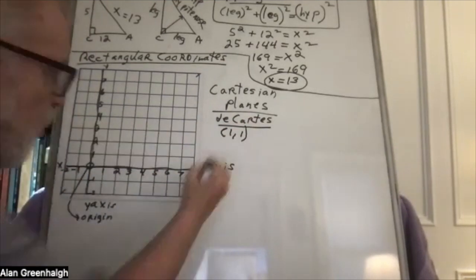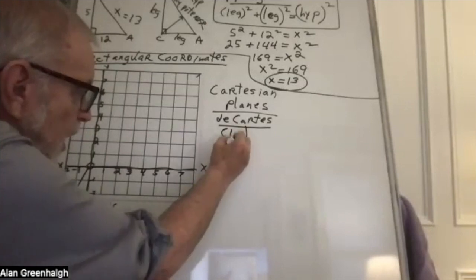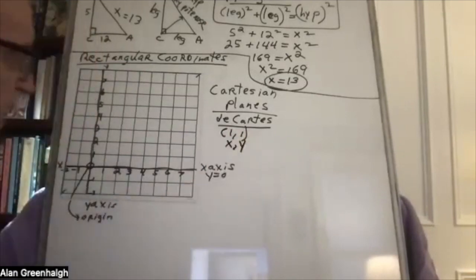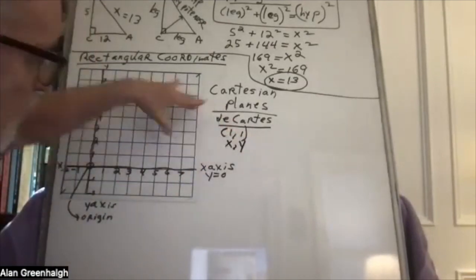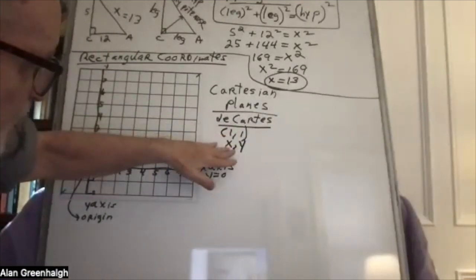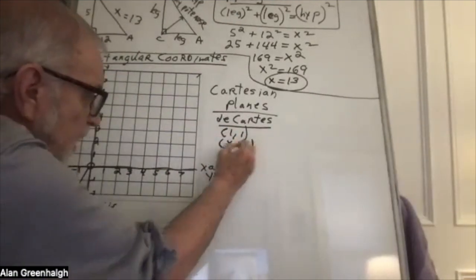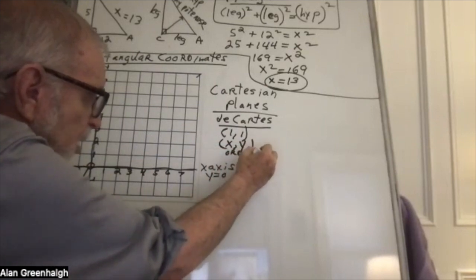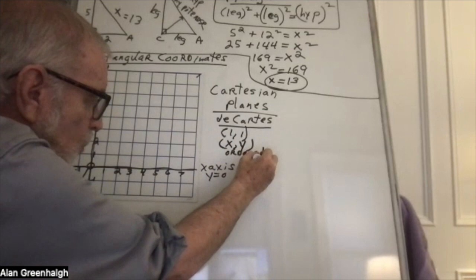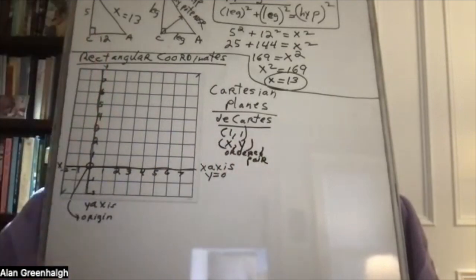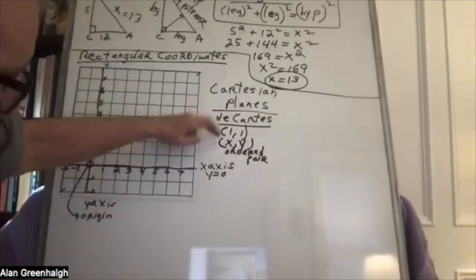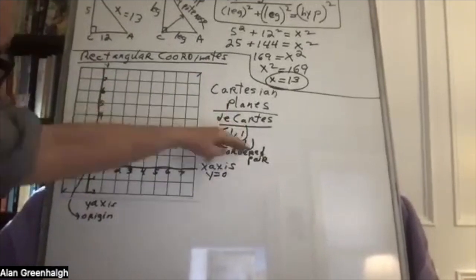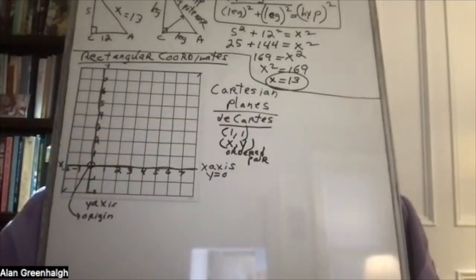It's the point where X equals 1 and Y equals 1. When we talk about a situation like this, this is called an ordered pair. The order doesn't change. It can't be YX. It's got to be XY. That's called an ordered pair.